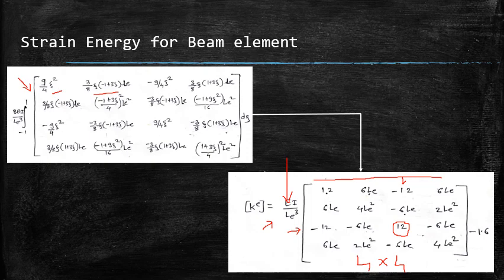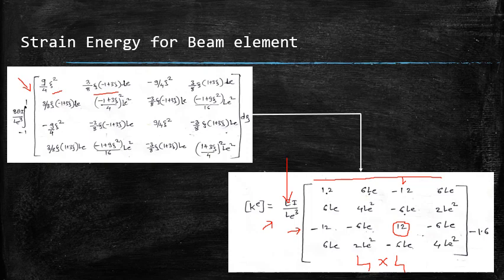The integral of zeta within the limits minus 1 to plus 1 is 0, and the integral of d zeta within the limits minus 1 to plus 1 is equal to 2. So by choosing the natural coordinate system of zeta, the integration has been simplified. This is one of the reasons why we have changed our coordinate system from x to zeta.